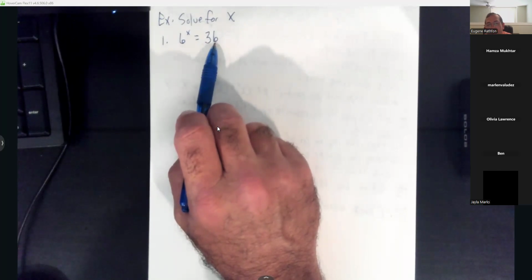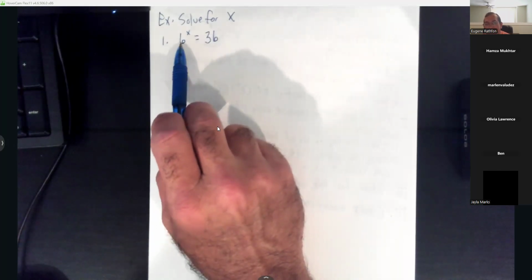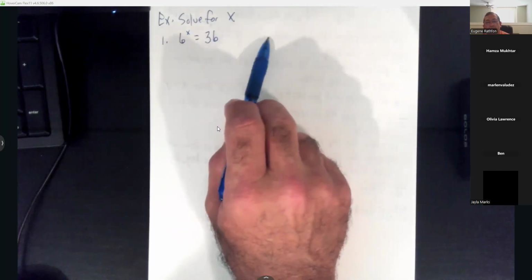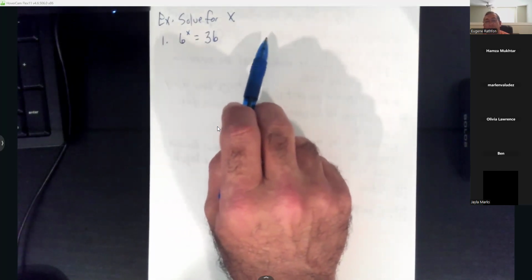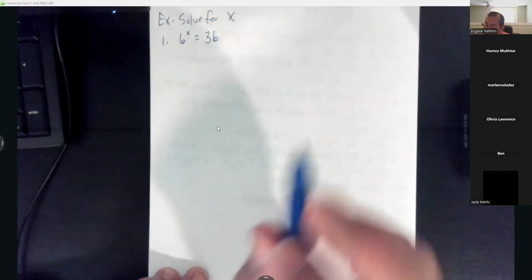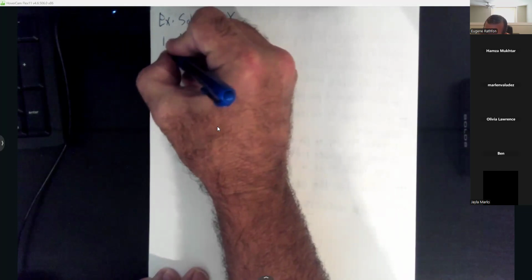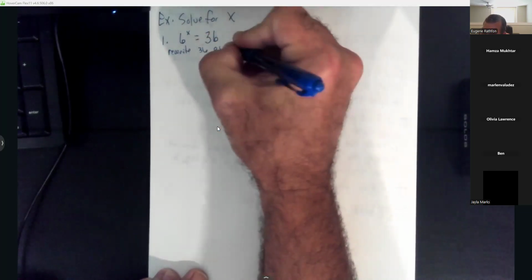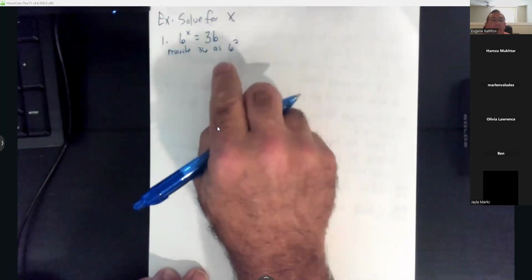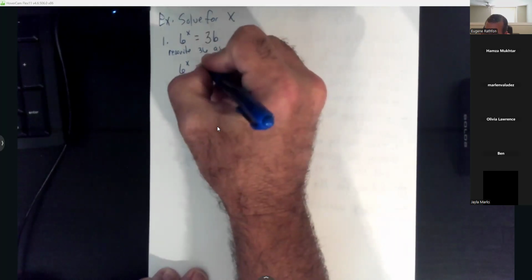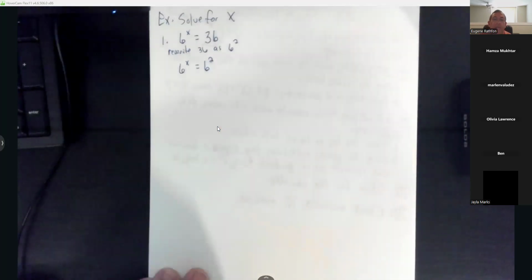So y'all, the question you got to ask yourself, can I rewrite this 36 using a base of 6? And for this one, I can, because 6 times 6 is 36. So I can rewrite 36 as 6 squared. So that's going to give me 6 to the x equals 6 squared.